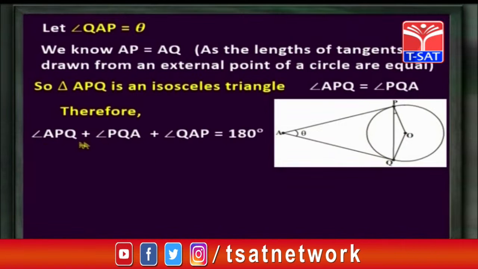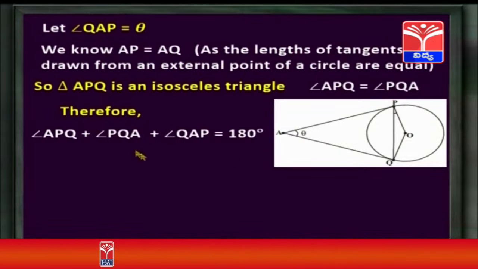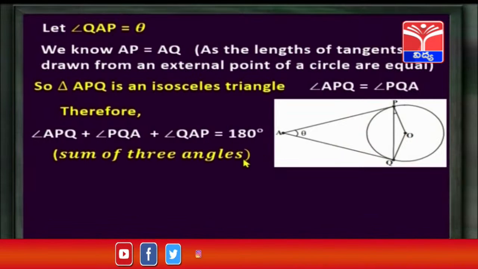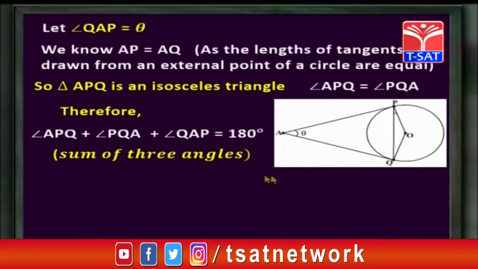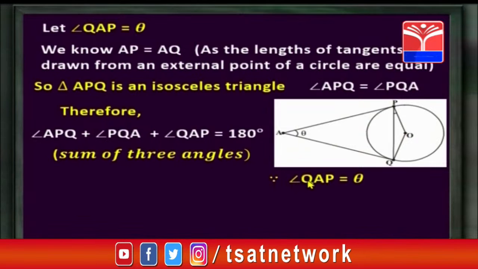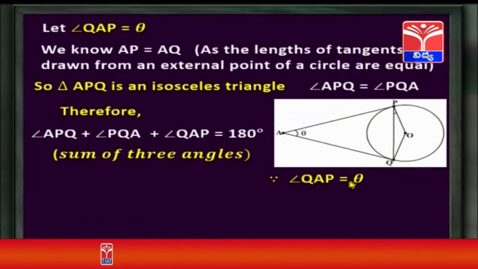Therefore, we know one theorem. What is that? The sum of angles in a triangle is always 180 degrees. So, APQ is a triangle where the sum of angle APQ plus PQA plus QAP is equal to 180 degrees. Now, angle QAP is equal to theta, as I have supposed. So, I am substituting angle QAP as theta.